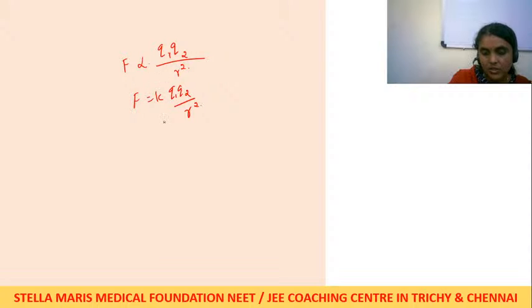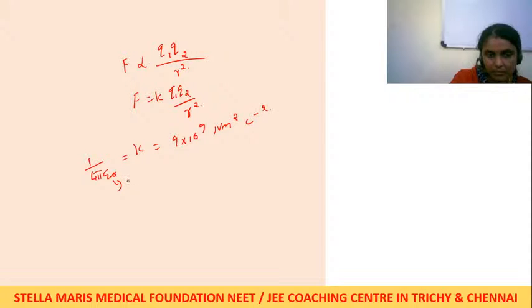We also know that the value of K is 9 into 10 power 9 N m squared C power minus 2, and K is nothing but 1 by 4 pi epsilon naught. This epsilon naught is the permittivity of free space.